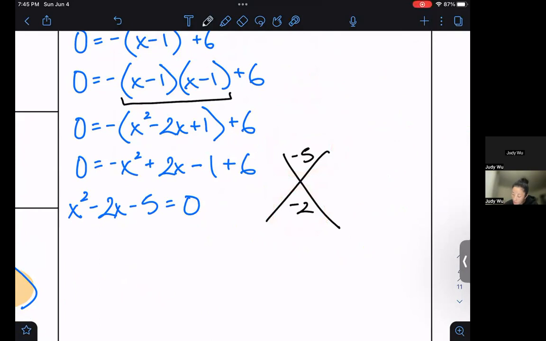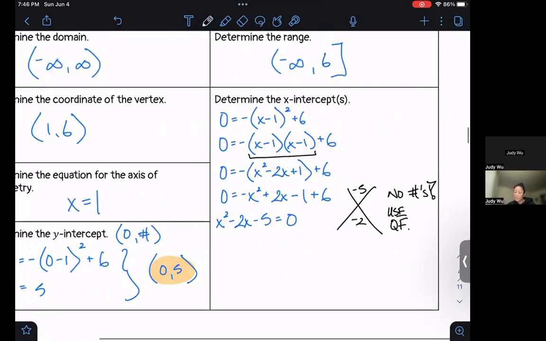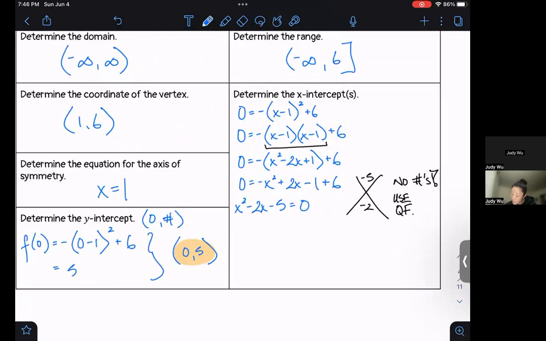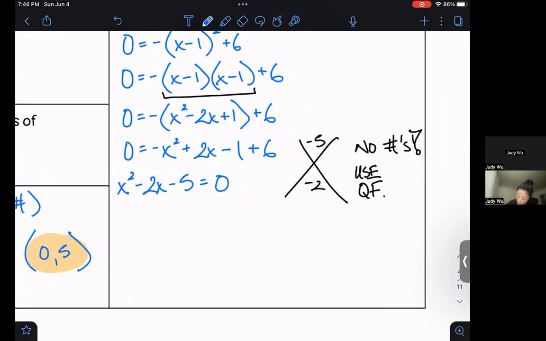And in this case, we notice that there are no numbers that do this, okay? And so in this case, we must use the quadratic formula, okay? This is not always the case. In fact, most of the questions that I ask you to do will be factoring, not quadratic formula, okay? So let's do the quadratic formula and see.